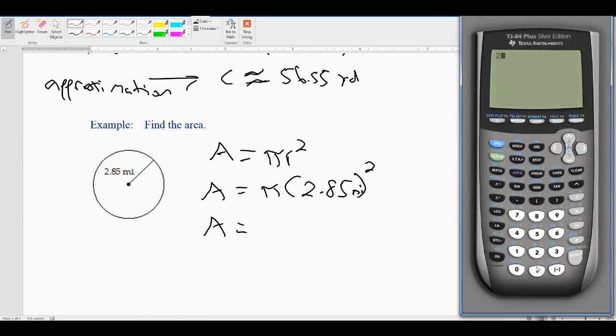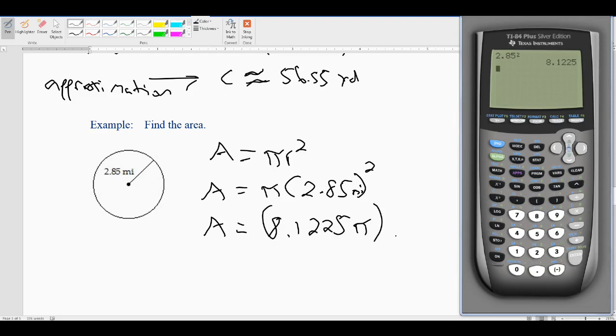I'm going to type in 2.85. This is the x squared key. It's a square key, or I could use that and then a 2. I'm just going to use that and then enter, and I get 8.1225 pi. Since this is the area, my units are squared.